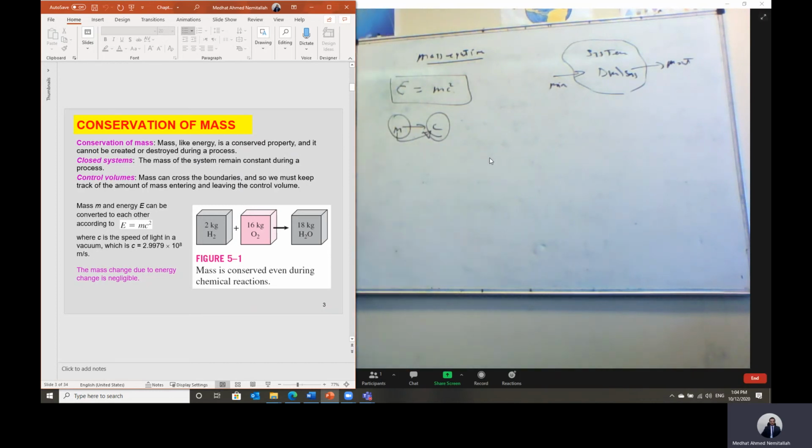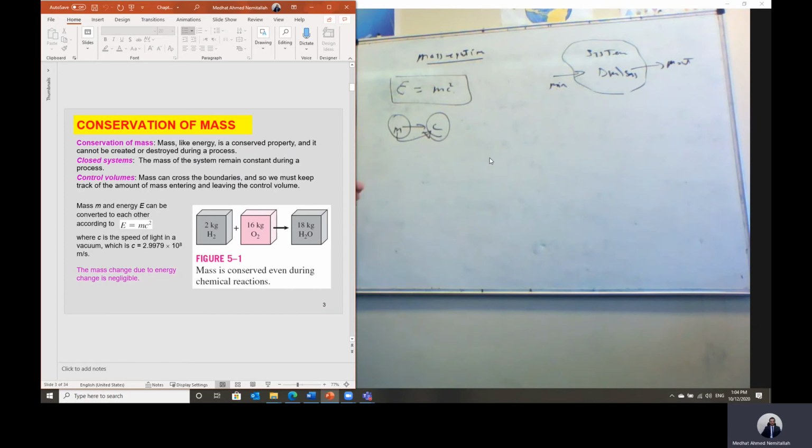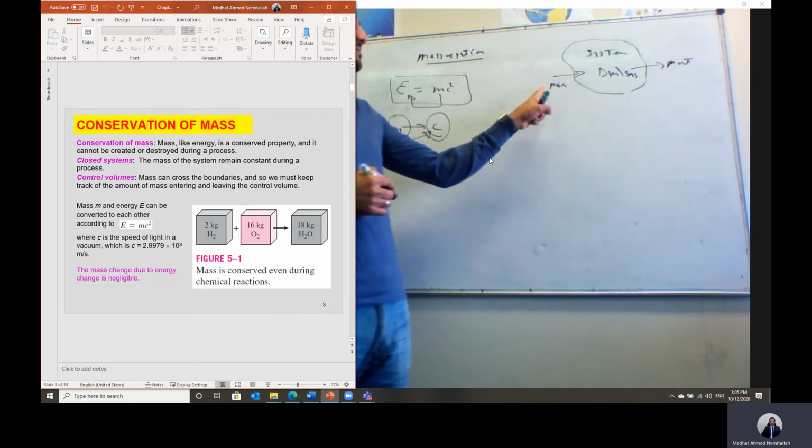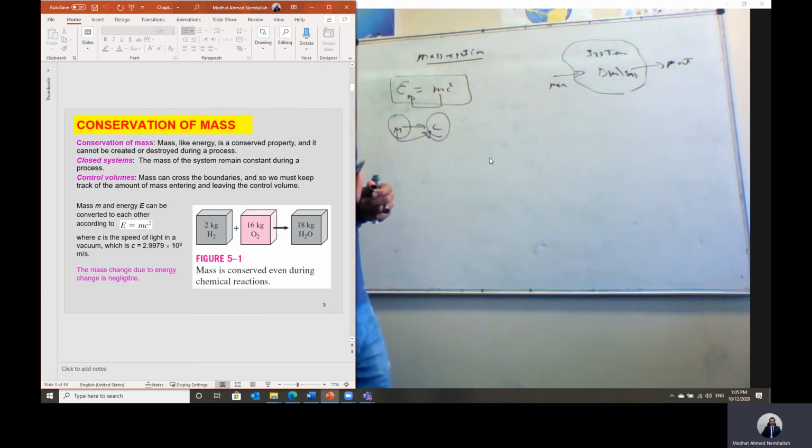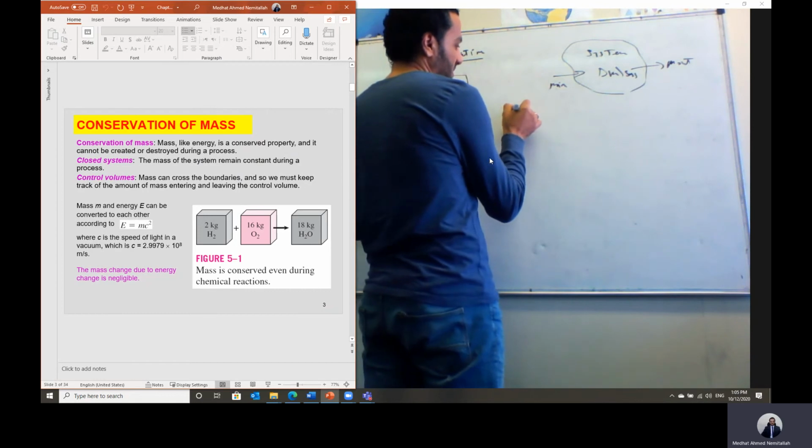And if you have a body that is moving with the speed of light, part of the mass can be converted to energy. Otherwise, mass cannot be created or destroyed. So mass in will equal mass out plus the part of mass stored within this system, like the case of energy.